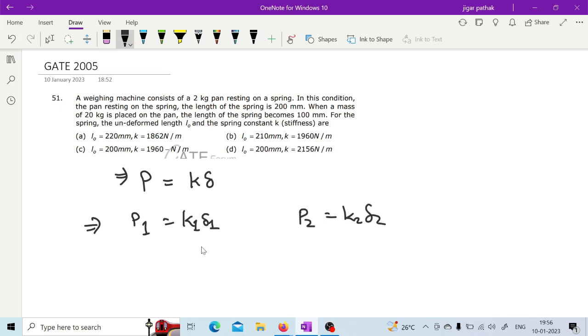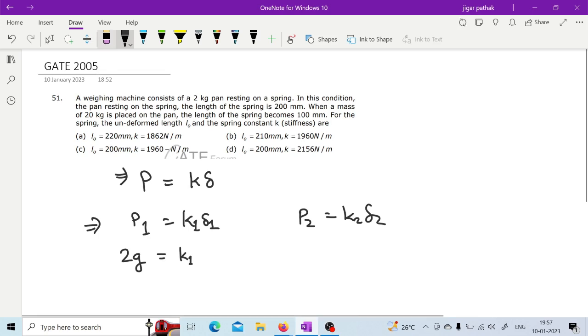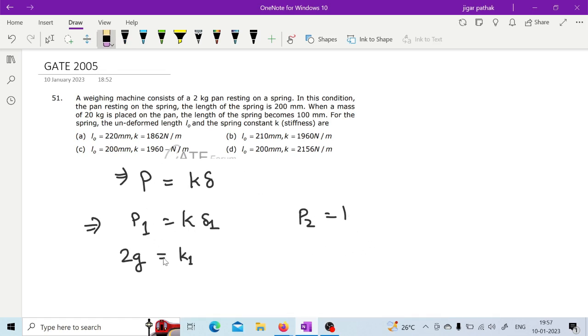P1 and P2 are forces, mg if we consider. Then K1 and K2 will remain the same because the same spring is there. So K1 equals K2, and I can simply write K delta 1 and K delta 2, because the same spring is experiencing two different forces.